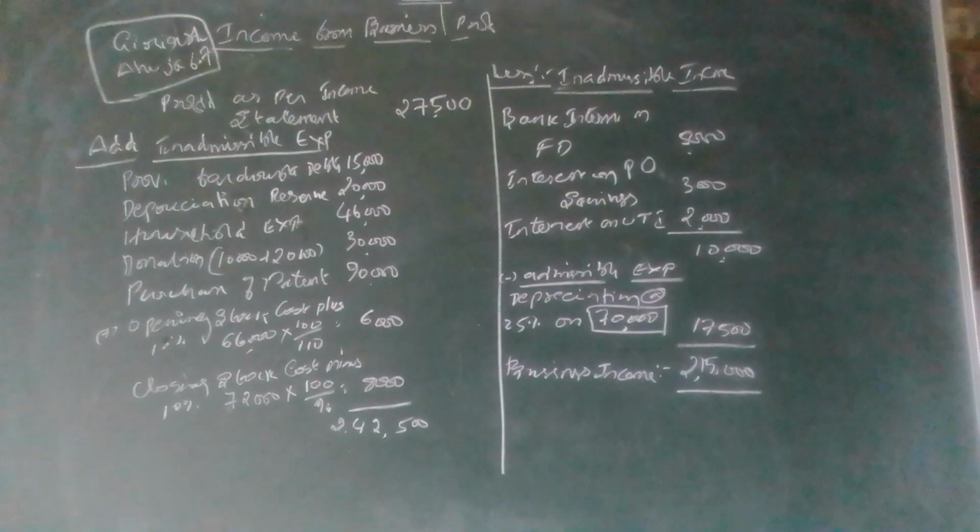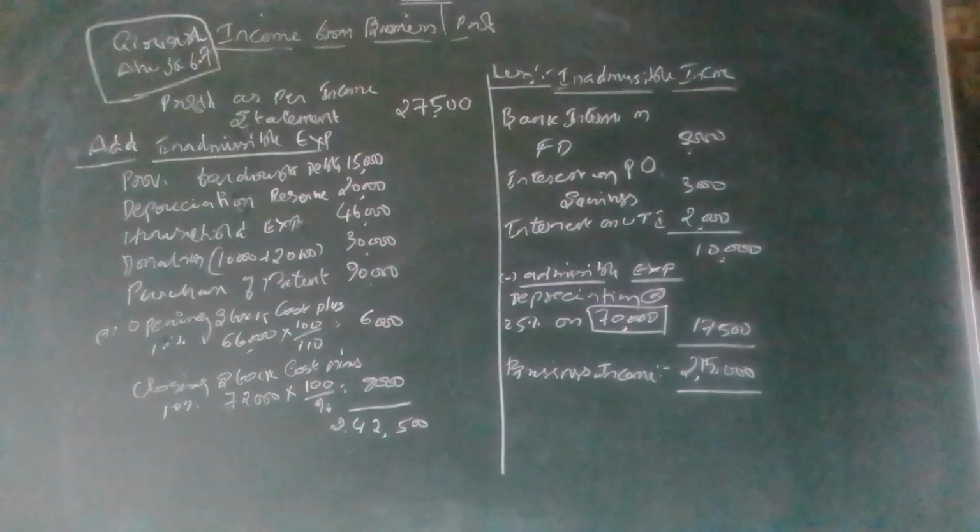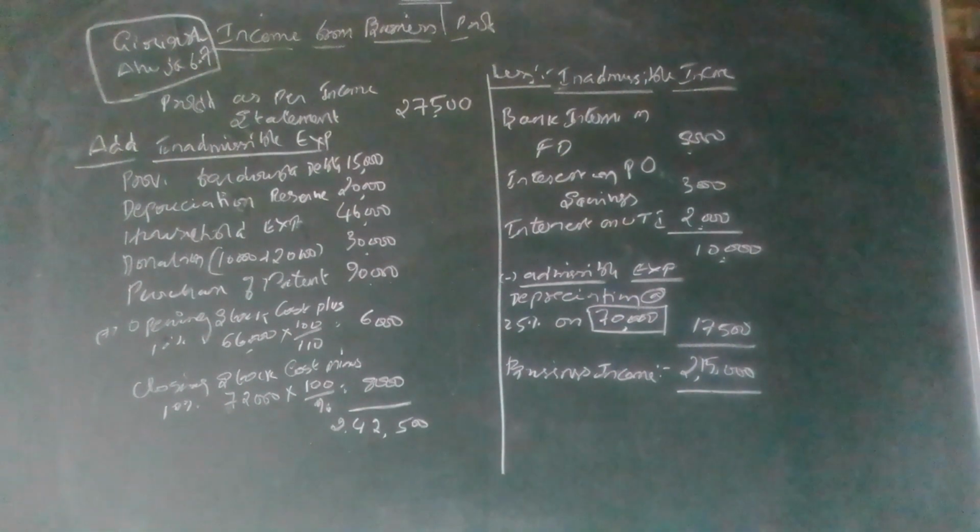The next item is inadmissible expenses. For patent, 70,000 is paid through account payee cheque, 20,000 is paid through cash. So we are considering only 70,000 into 25%.